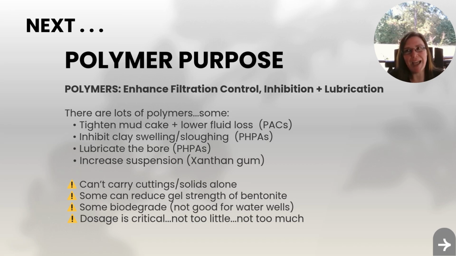PHPAs also have a very special property of lubrication. Those are the ones, if you've ever used them, which I'm quite sure many of you, if not all of you have, that give you extra lubrication. So they get really, really slick, and we're always very careful not to spill them around the rig.